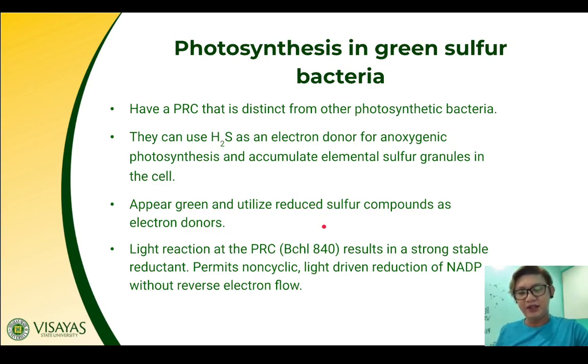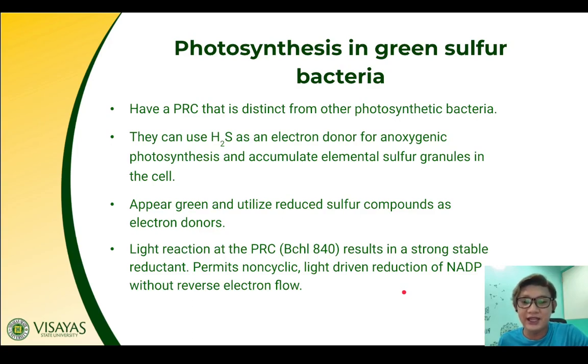So green sulfur bacteria appear green and utilize reduced sulfur compounds as electron donors. So light reaction at the reaction center, which is bacterial chlorophyll 840, different from purple non-sulfur because it is bacterial chlorophyll 870. So this results in a strong stable reductant.